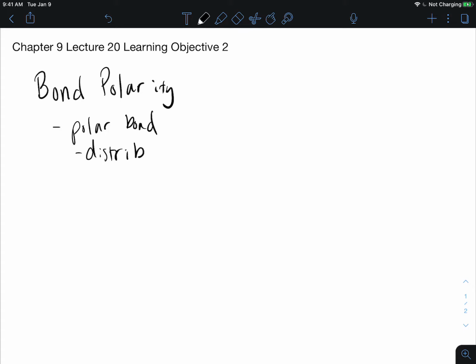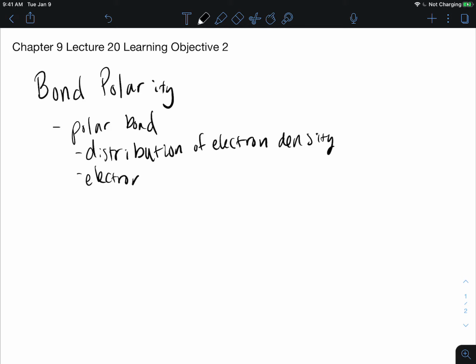So as a note, let's remember what bond polarity is. Bond polarity is when we have a bond that is polar. And in order to have a polar bond, we have to have a distribution of electron density. In order to get a distribution of electron density within a bond, we have to have an electronegativity difference that is greater than 0.4.